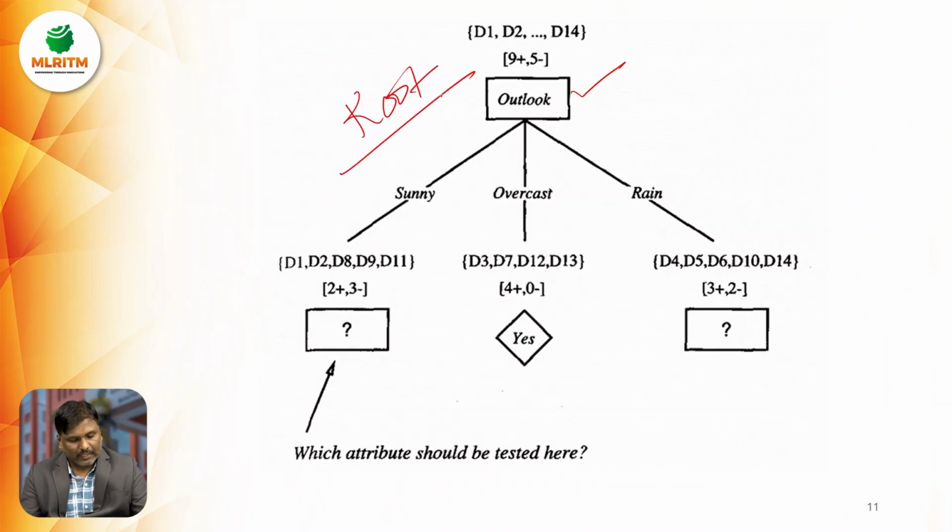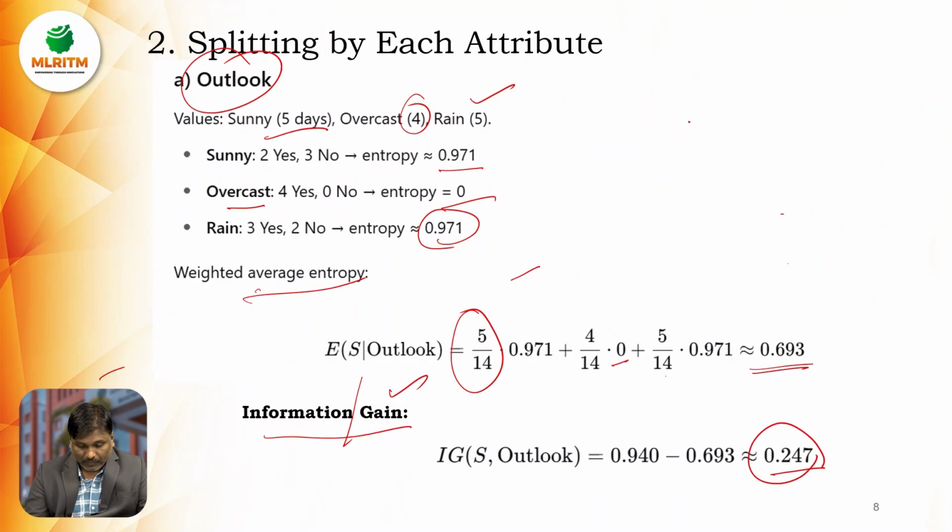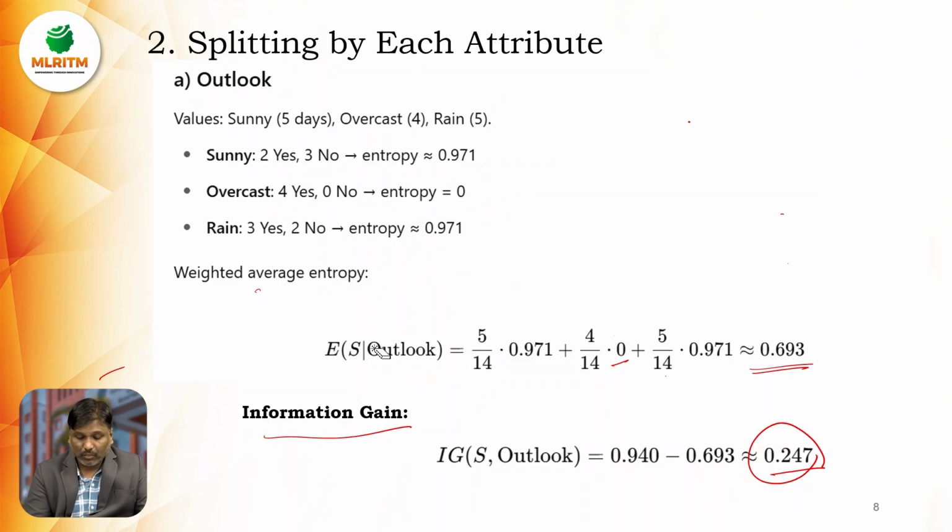After getting this root node, we consider this as the main condition. In that outlook, how many instances do we have? Three values: sunny, overcast, and rain condition. Coming to the outlook, I clearly concentrate on it.